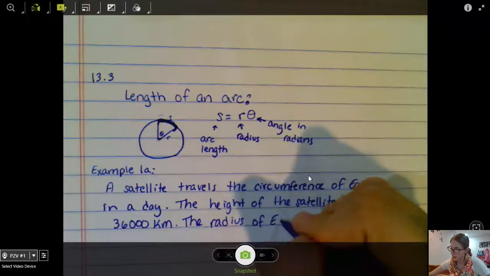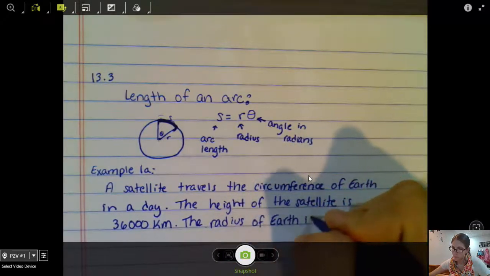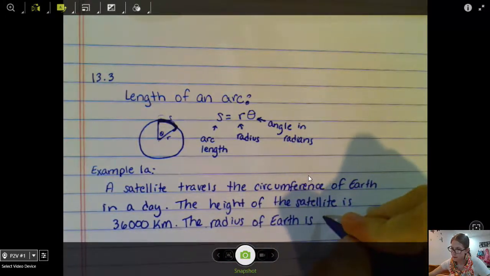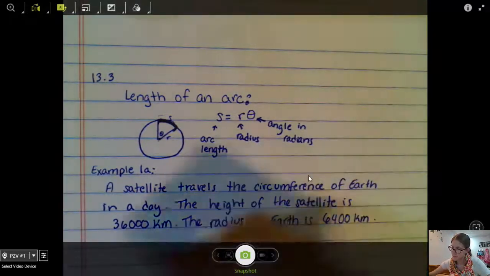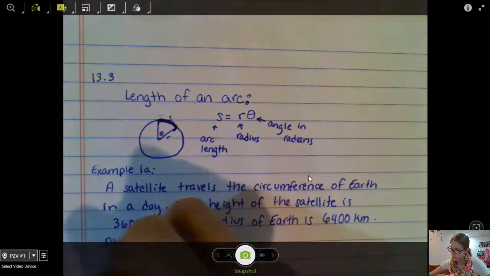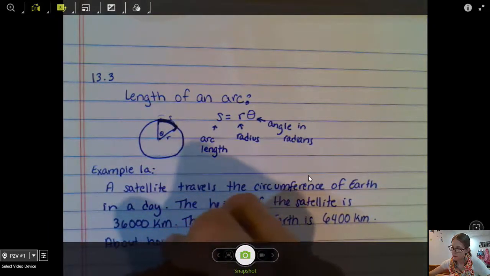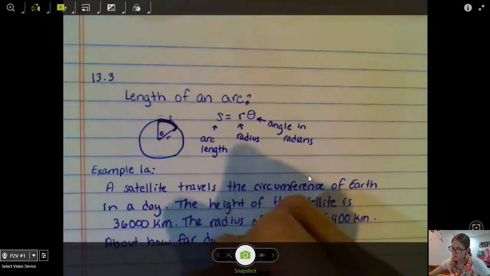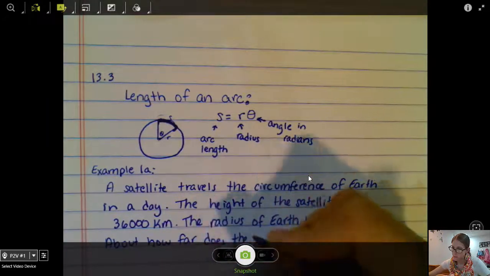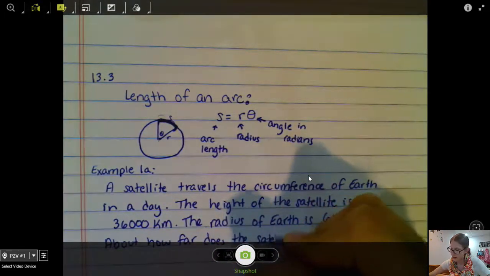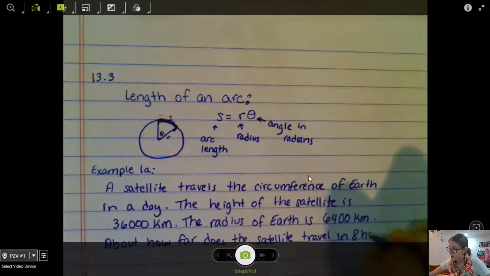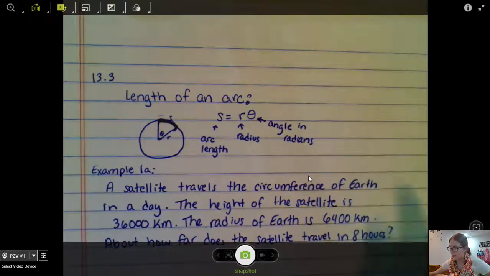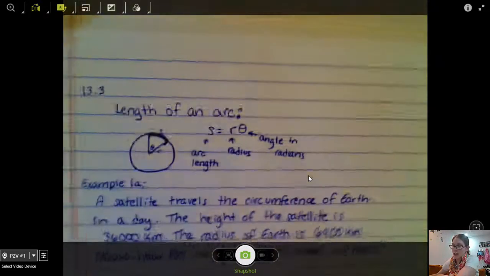The radius of Earth is 6,400 kilometers. About how far does the satellite travel in 8 hours? Okay, let's start off by drawing a picture.